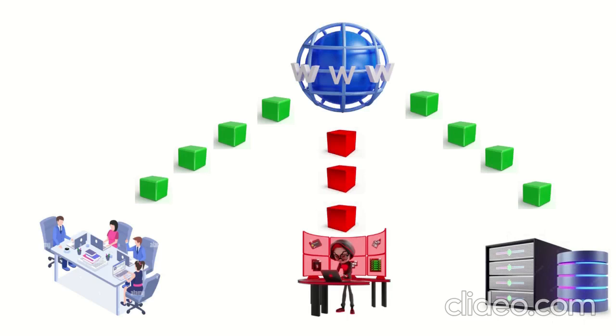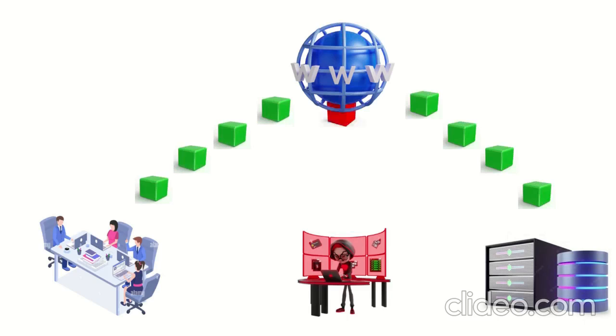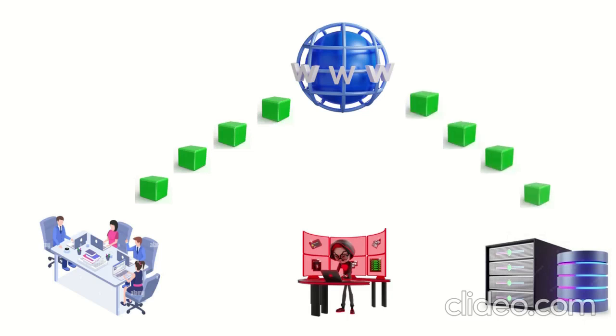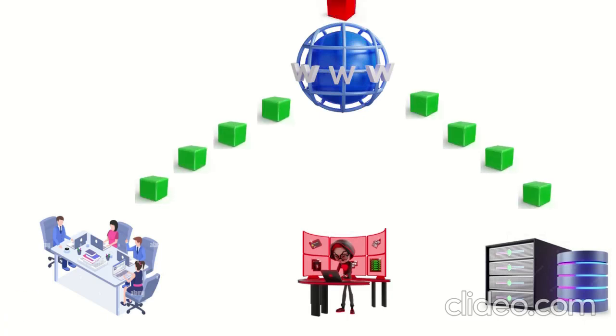But here is the catch: bad people like hackers may try to steal this information. They may use some sneaky tricks like fake apps, tricky emails, maybe bad website links to get your data. They might want to steal your secrets or just make money from your information.